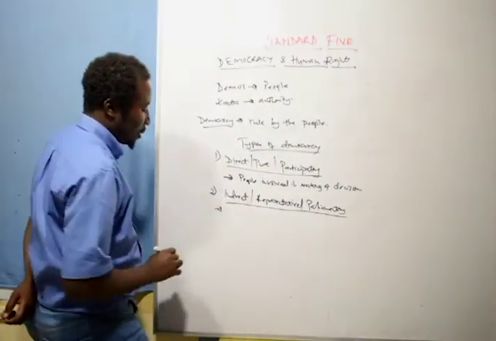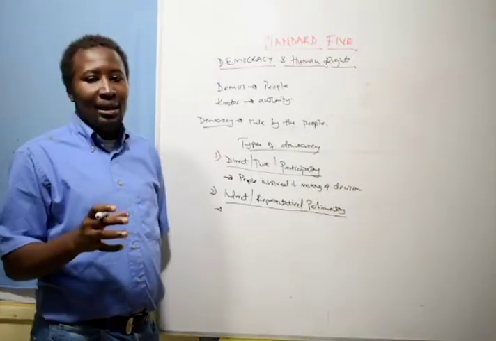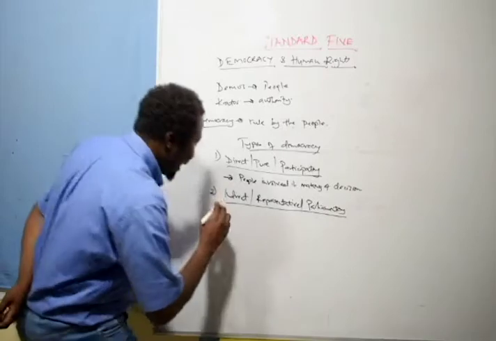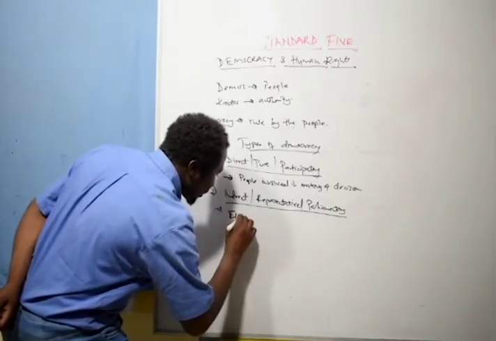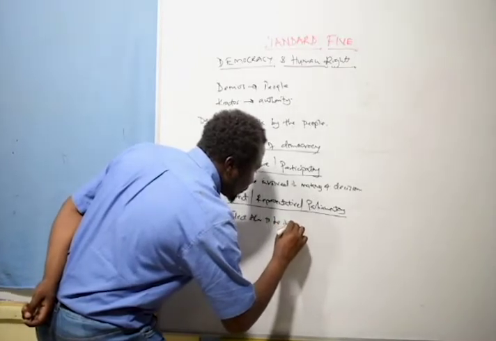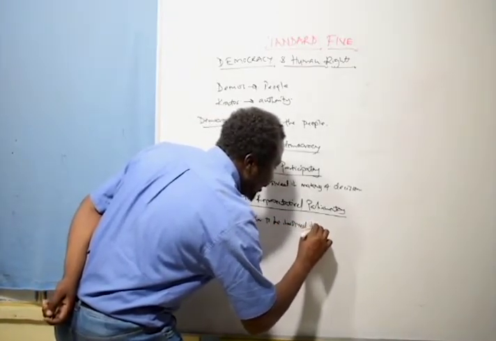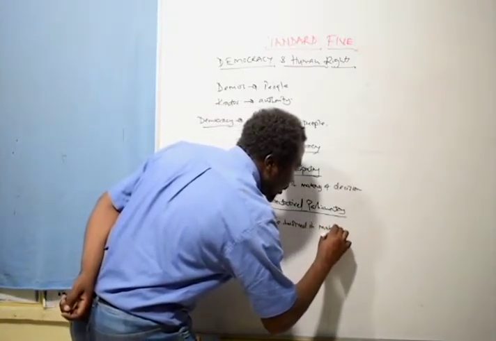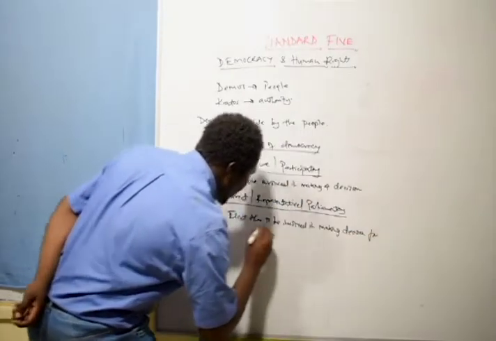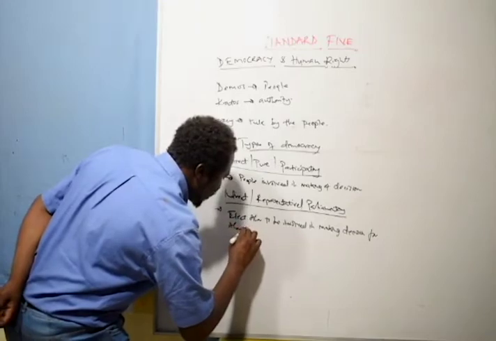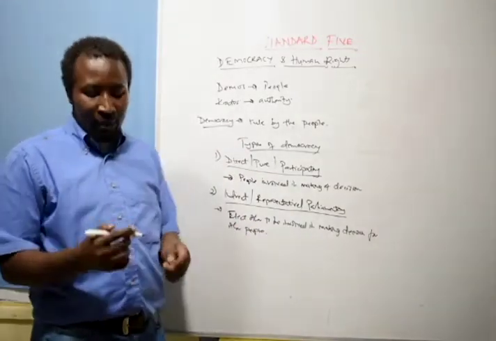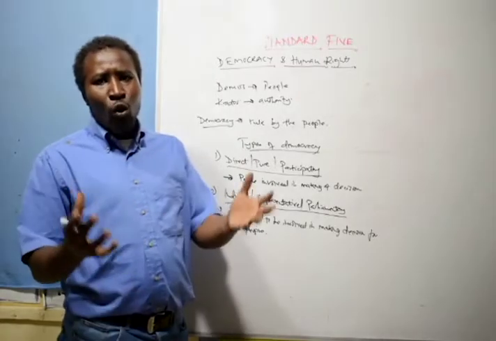So indirect, this is where you select a group of individuals, or we say we elect other people to be involved in making decisions for other people.